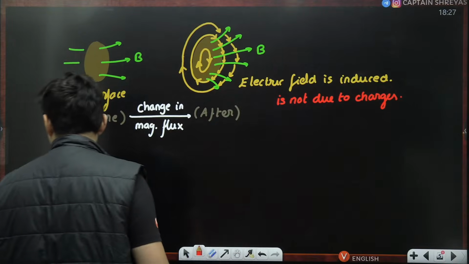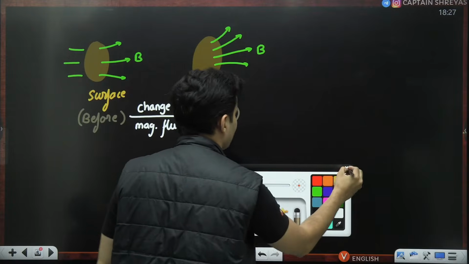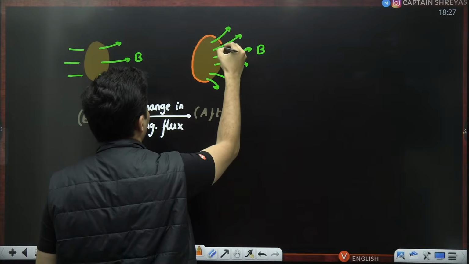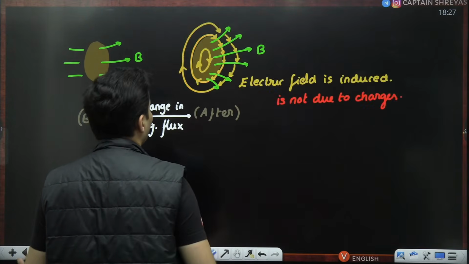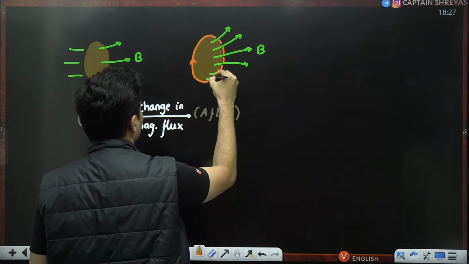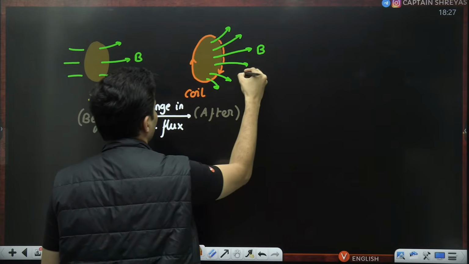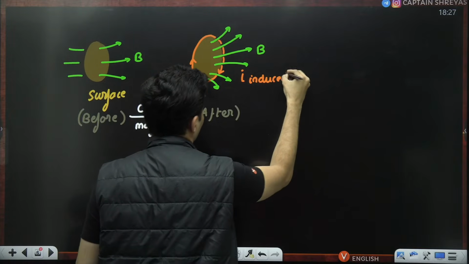And in the next slide, if you have a coil, you will see that there will be a current which is induced.